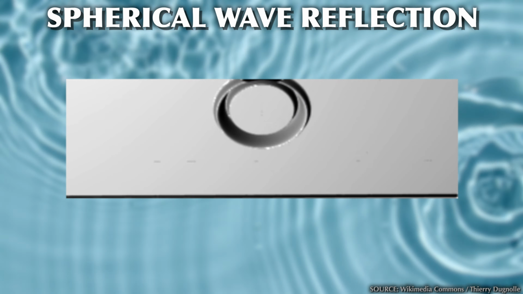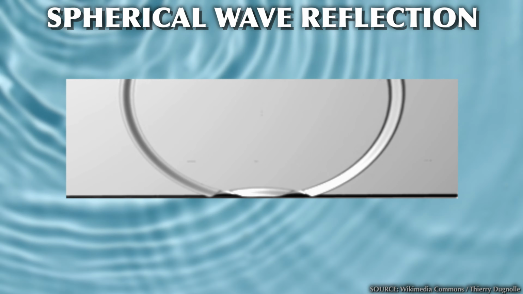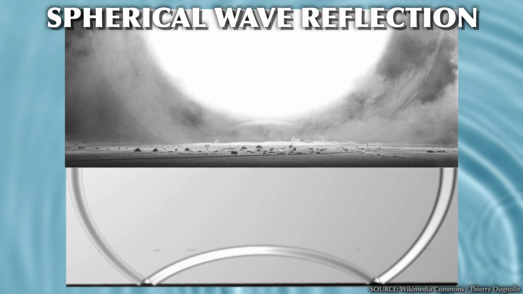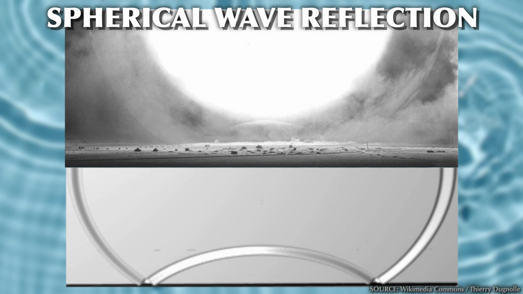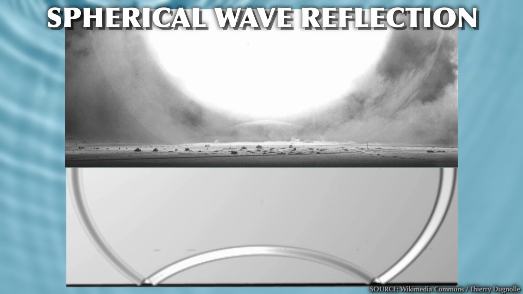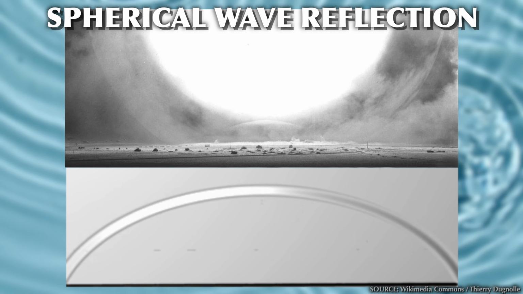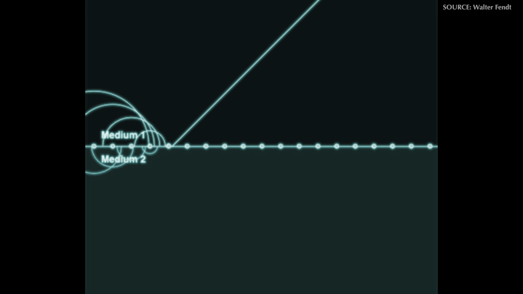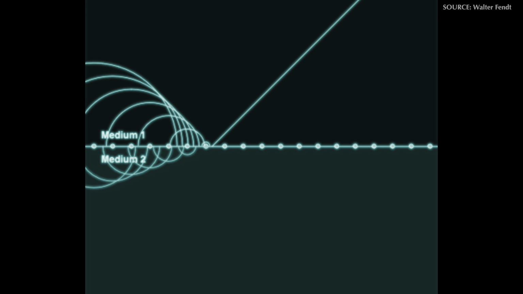With a spherical wave, it looks like this. We can see the exact same thing happening in this picture, where the blast wave of a nuclear explosion is reflected off from the ground. The part of the wave that penetrates into the obstacle will in general move on with a different velocity.